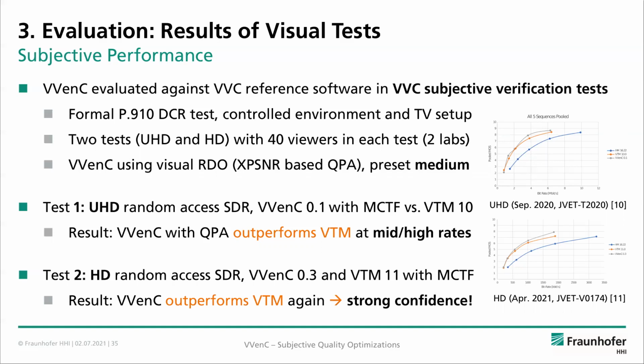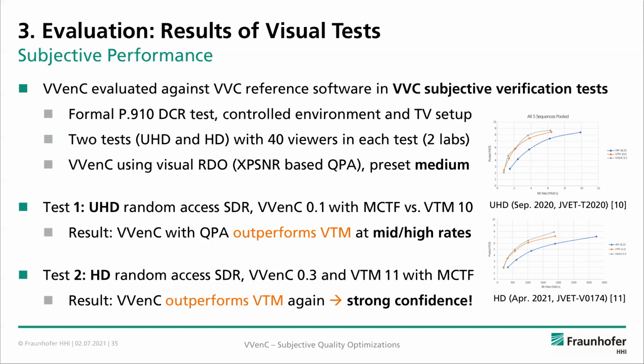And 2 tests were run, one with UHD content and one with HD content. The first one with UHD content in random access SDR configuration comprised VVenC 0.1, so a very early version of VVenC, with motion compensated temporal filtering enabled and VTM running in version 10.